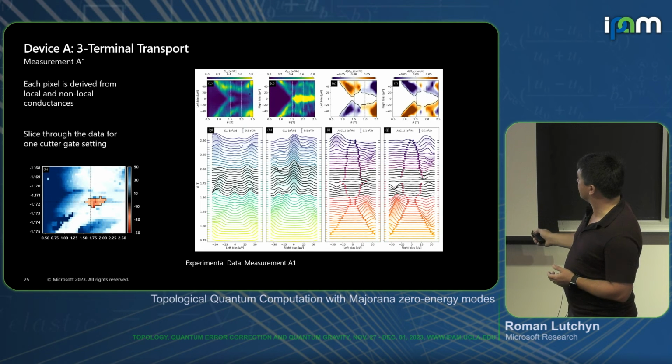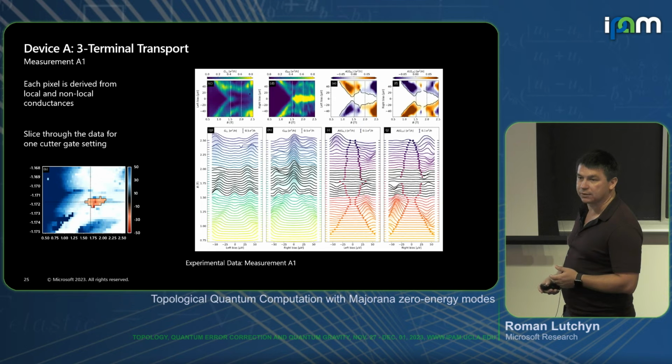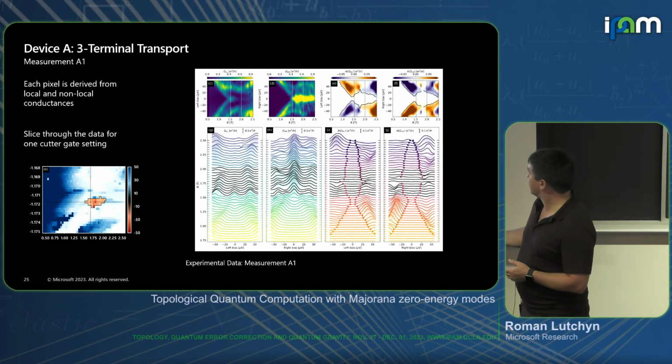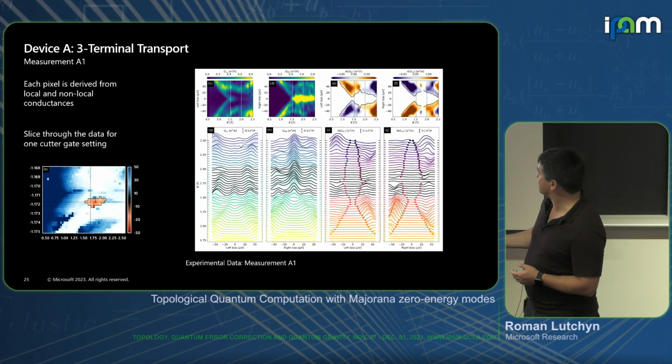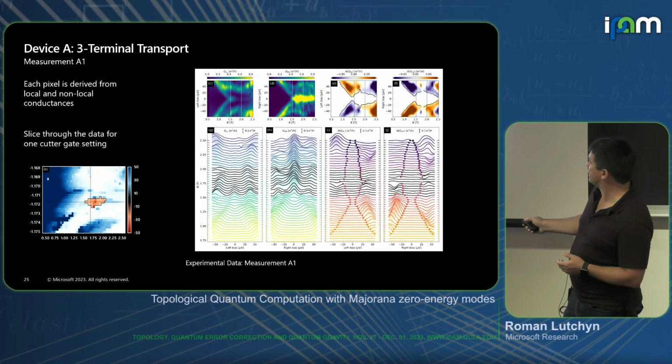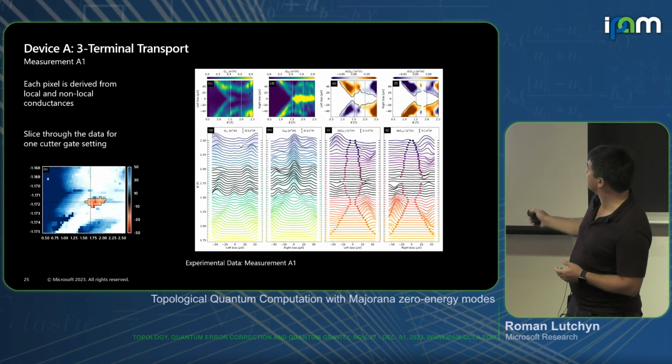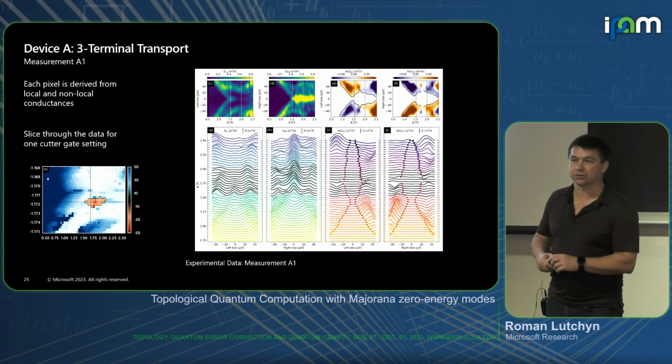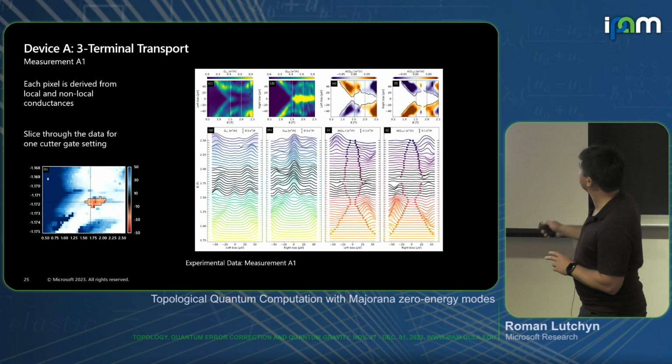And so you see clearly gap closing and reopening. Here's a zero bias peak. Here's a zero bias peak. You can see these zero bias peaks. This one is more faint, but therefore we cut this phase diagram in this region because there is some visibility issue in the junction in this region.